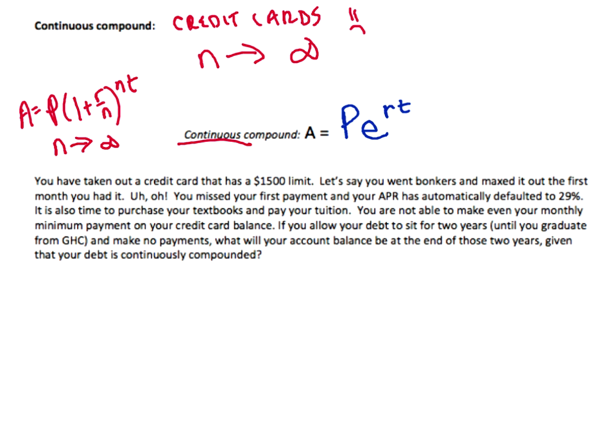We call this the Pert formula. So continuously compounding, you use the Pert formula, not the compounded interest formula. So this is just regular, this is finite compound interest.